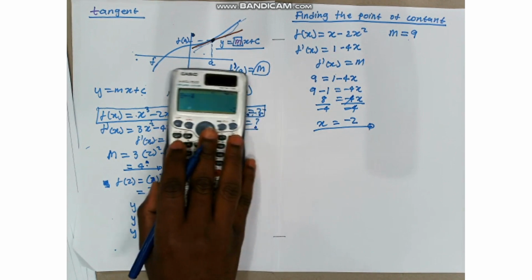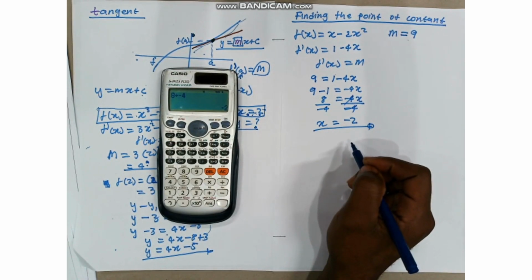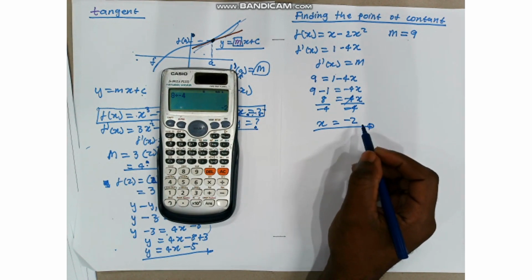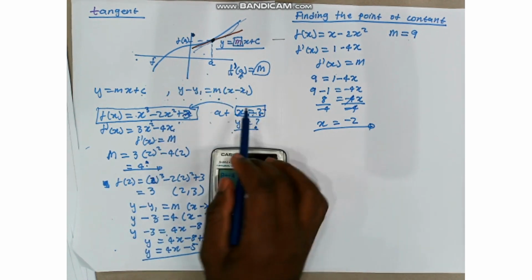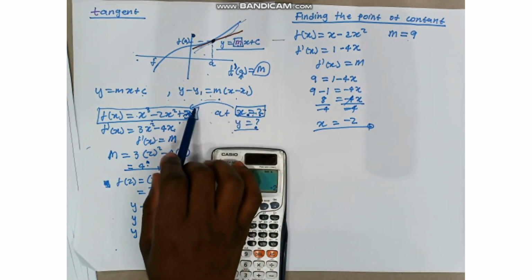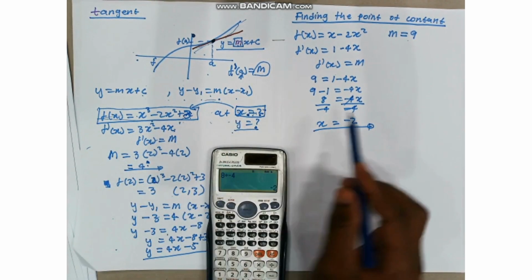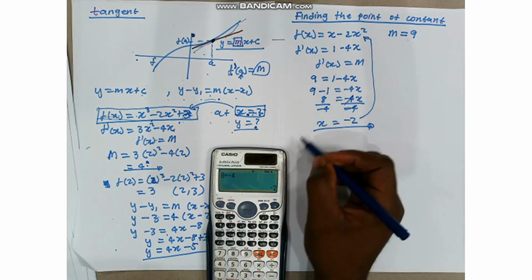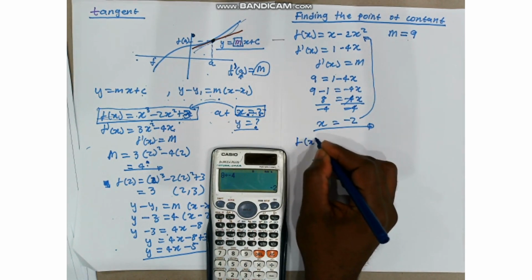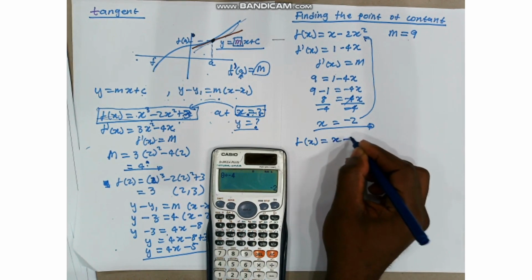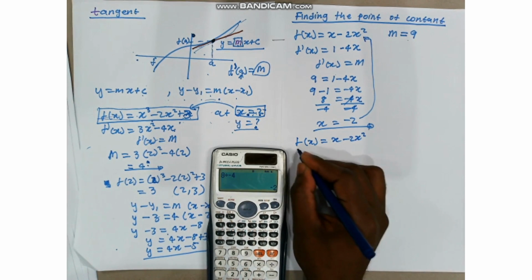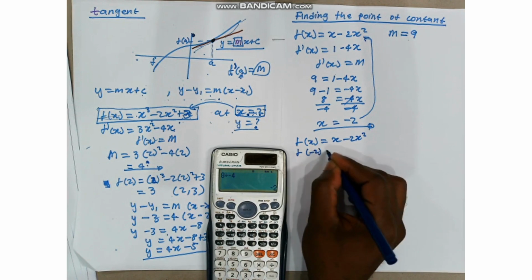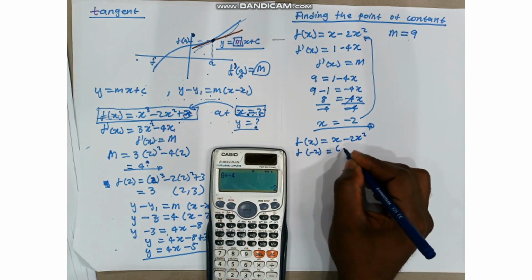So now we have found our x at the particular point. Now we need to find y. How do we calculate y? We are using the same thing. When we were looking for y here, we substituted in our equation. Also here, finding our y, we're going to substitute into this equation. So x is negative 2, what is our y?